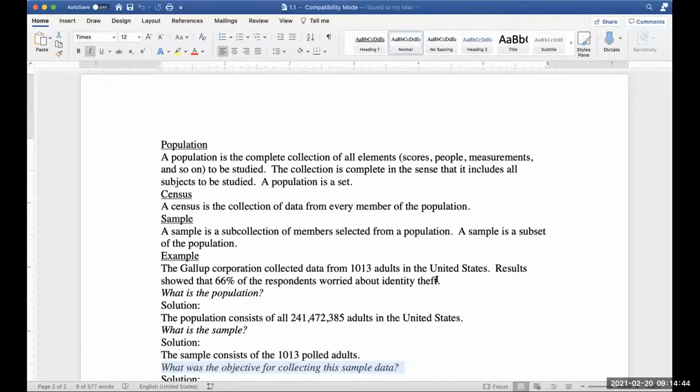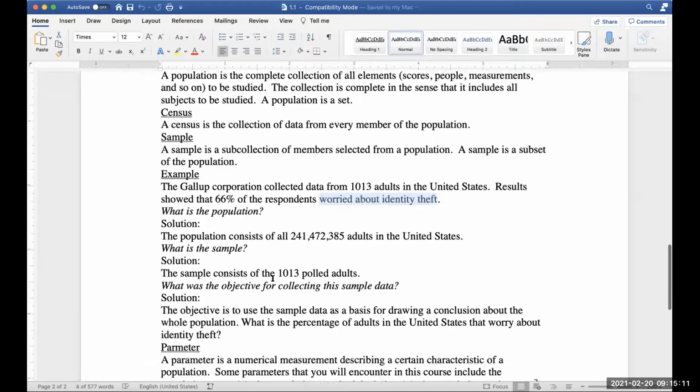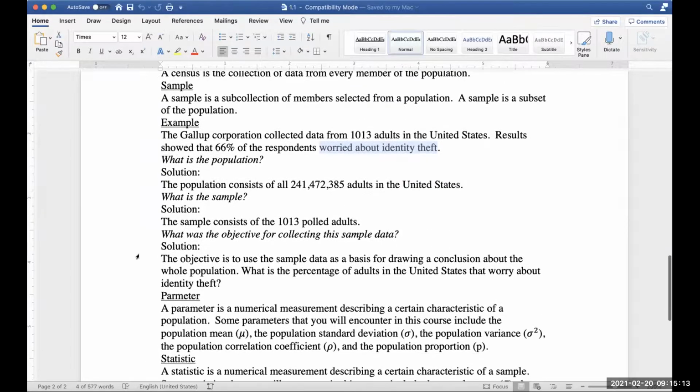What's the objective for collecting this? Well, the objective is to see what percentage, because we're talking about percentage here, what percentage of adults in the United States worry about identity theft.